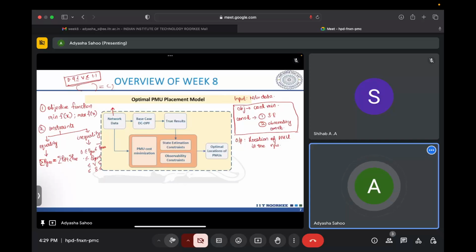Then you can also have inequality constraints for the power flow through the lines. Basically, the power Pij flowing between bus I and J should be within its thermal limit or voltage stability limit, whichever limit you are considering, given by minus Pij max to Pij max.